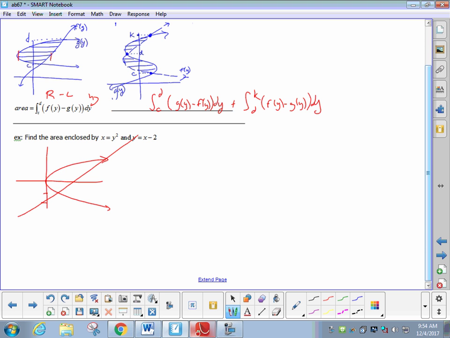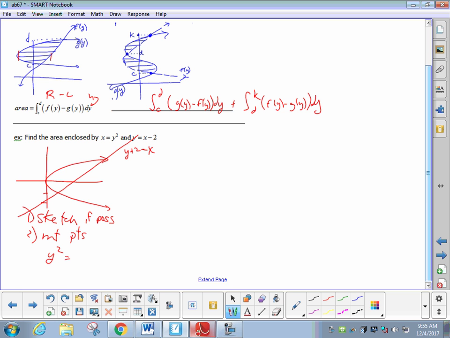What should I do after a good sketch, if possible? Yeah, let's find the intersection points that will become our limits of integration. I'm going to go with in terms of y. So y squared is good. The other equation solved for x in terms of y would be y plus 2.